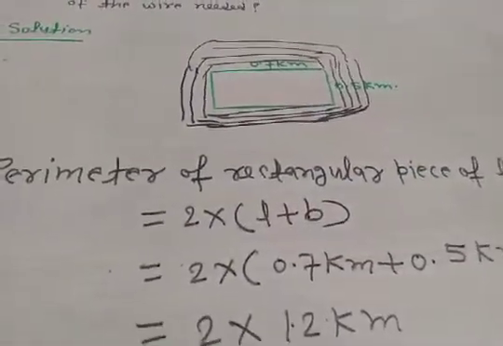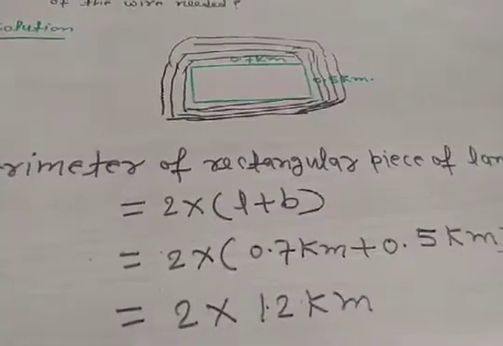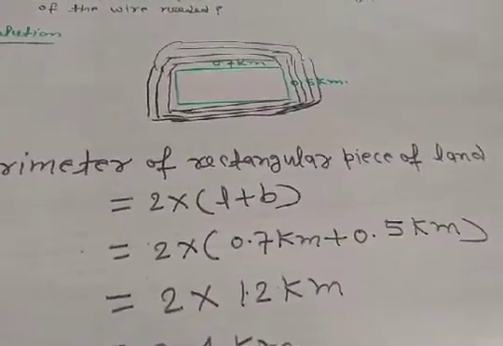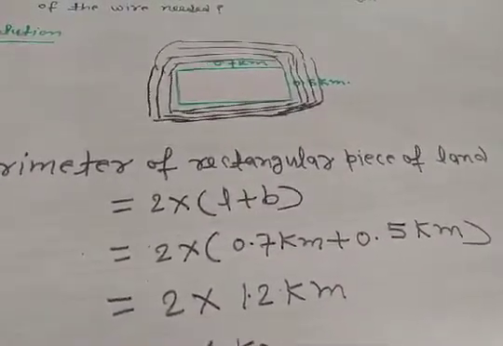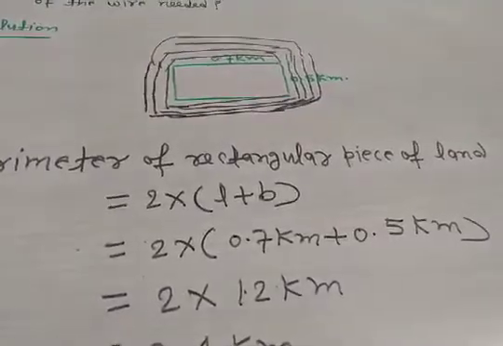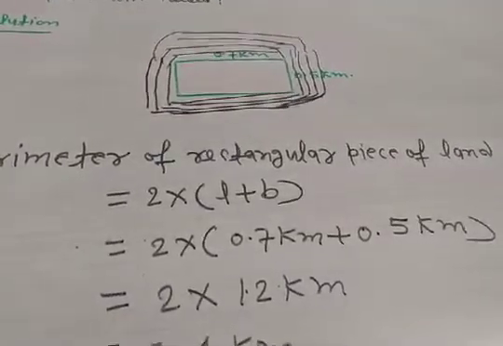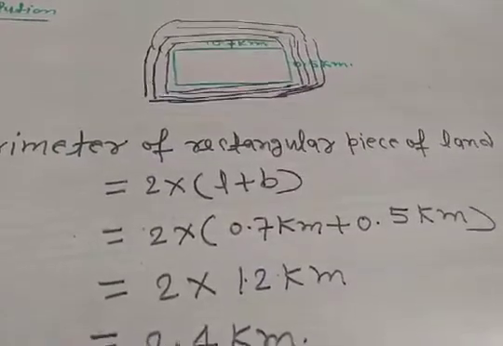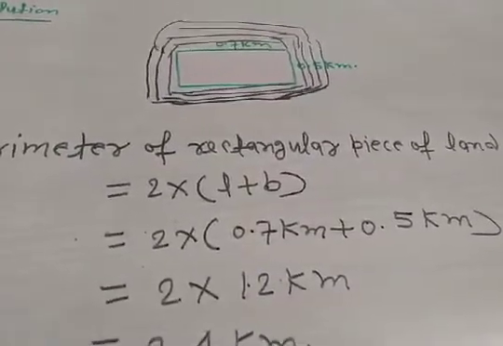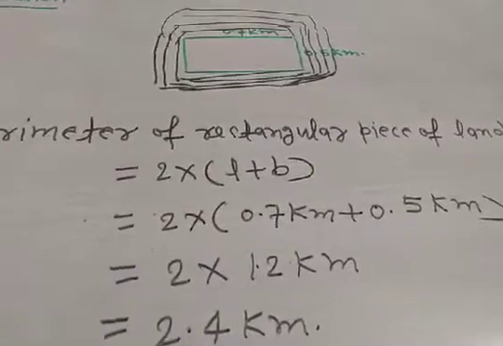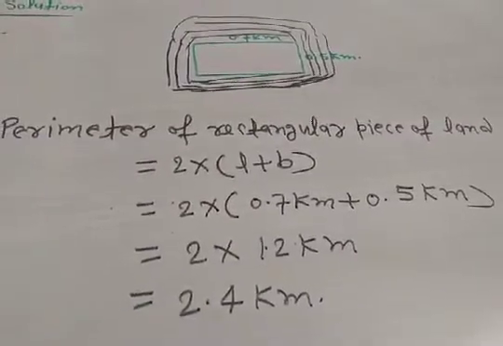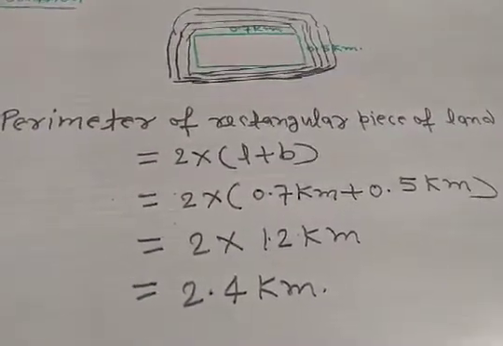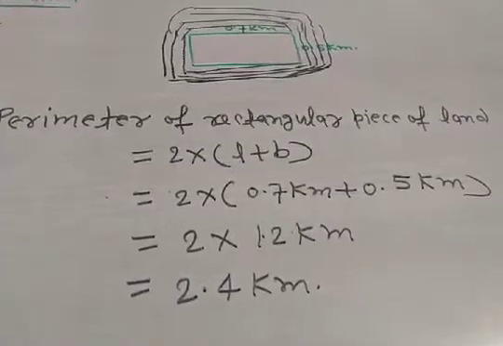First we find the perimeter using the formula 2 into length plus breadth. We put the values of L and B in this formula and obtain the perimeter of the rectangular piece of land as 2.4 kilometers.